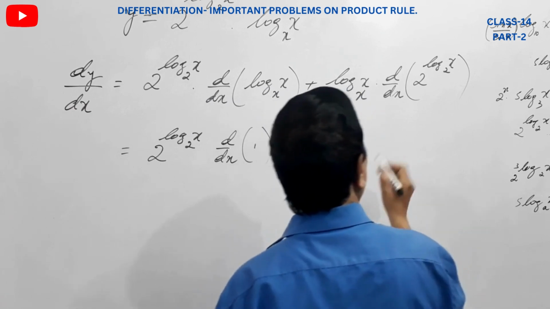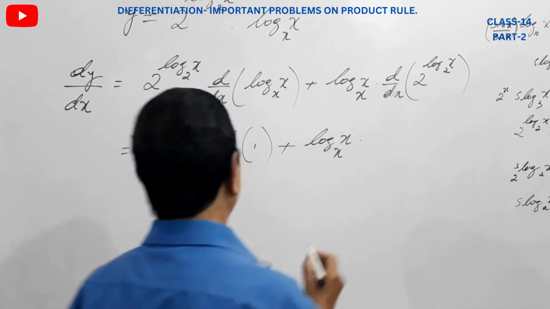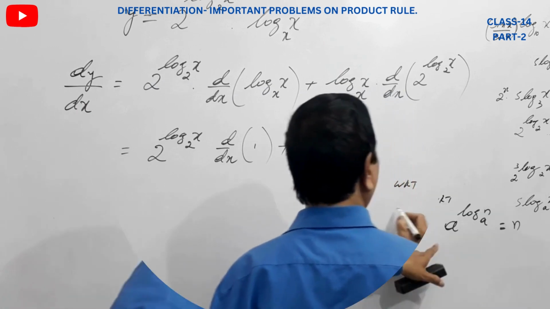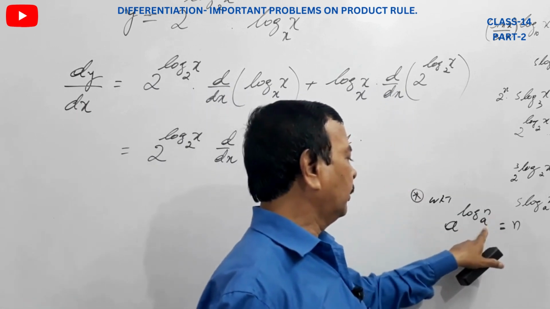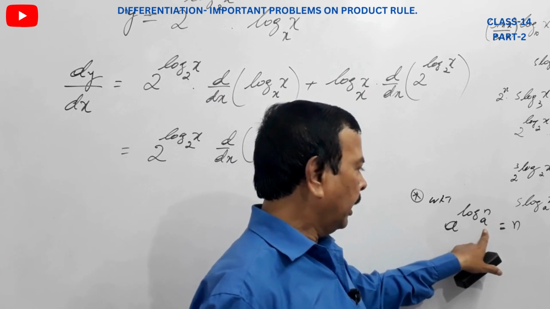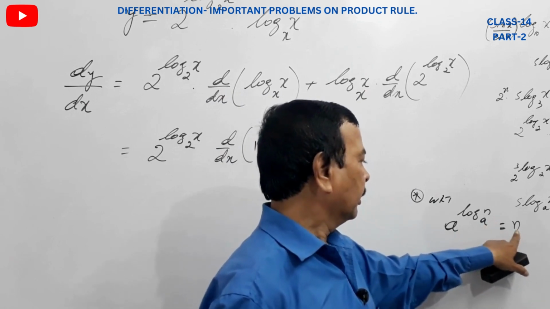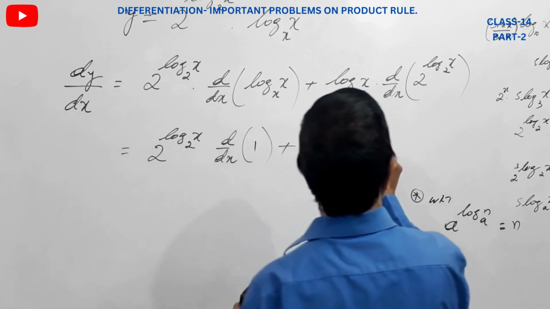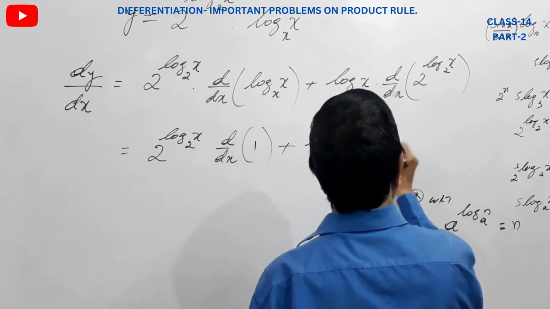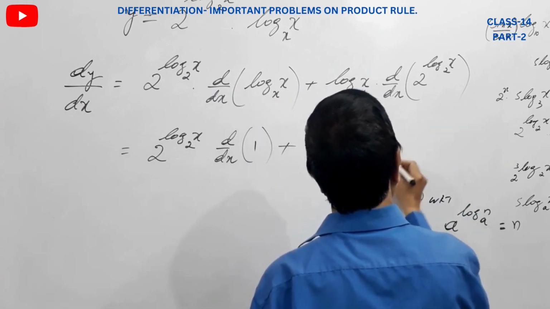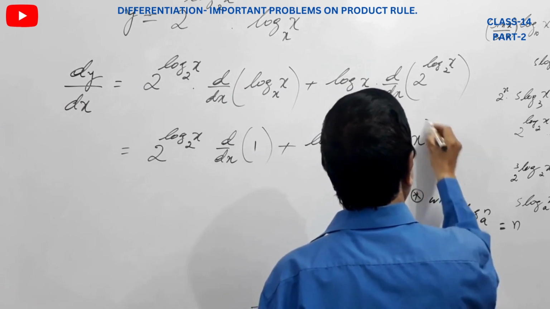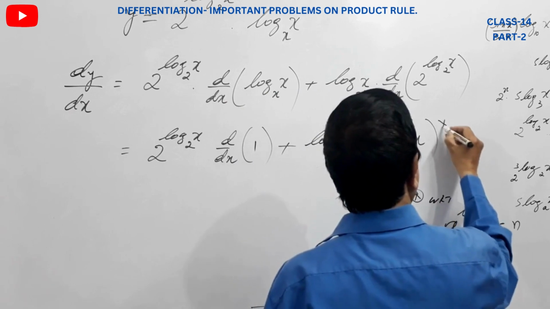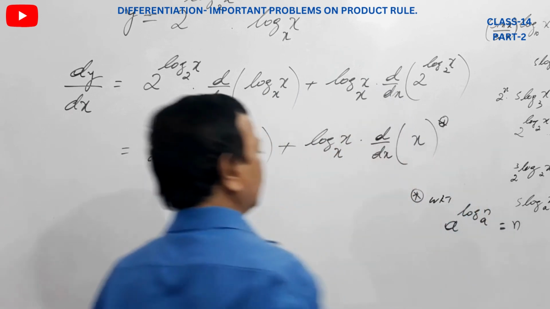So here I'll teach you this. We know that a to the power of log n to base a equals n. Therefore here, this becomes d by dx of x, because of this relation.